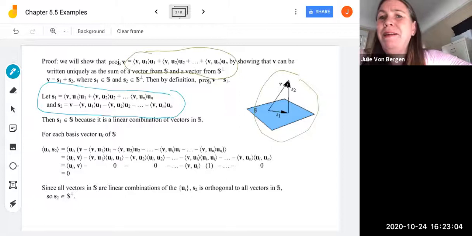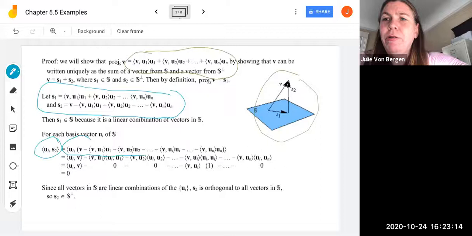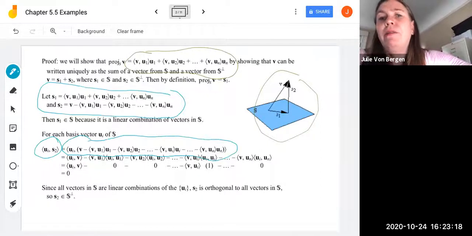And for each basis vector ui of S, the inner product of ui with s2 is going to be broken down this way, where s2 is in the orthogonal complement of S. So we're going to have the inner product of ui with, just substituting in s2, v minus the inner product of v with u1 multiplied by u1, subtracting all the way through the inner product of v with un multiplied by un.